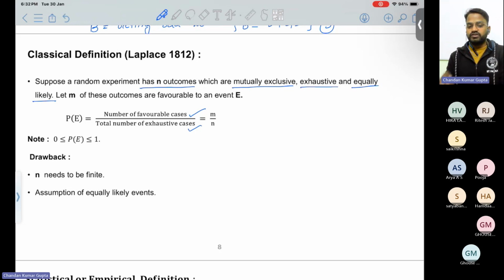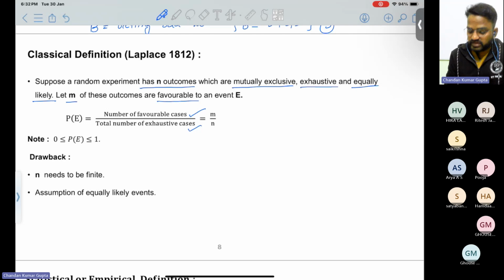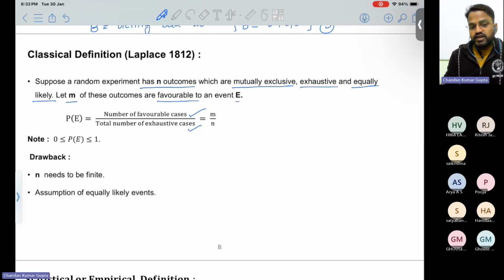Suppose the total number of outcomes is n, and m is the number of outcomes favorable to the event. Then we evaluate the probability as m by n.